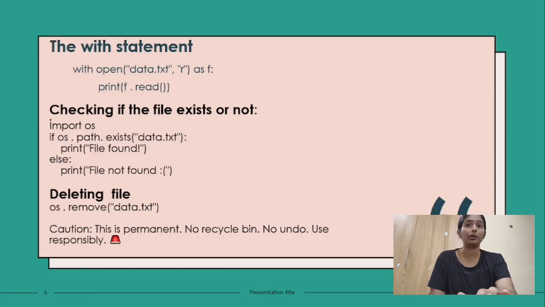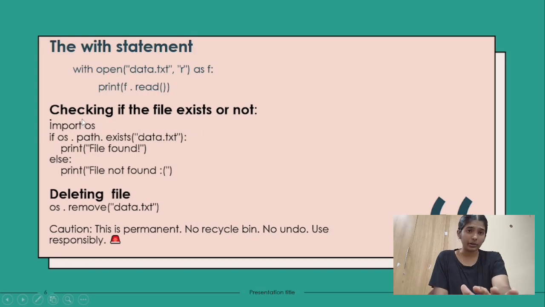It's like a polite roommate. So this is how you can handle files in a better way. Let us get a recap. These are the methods: write, read, append, and you have seen how to handle files using with.